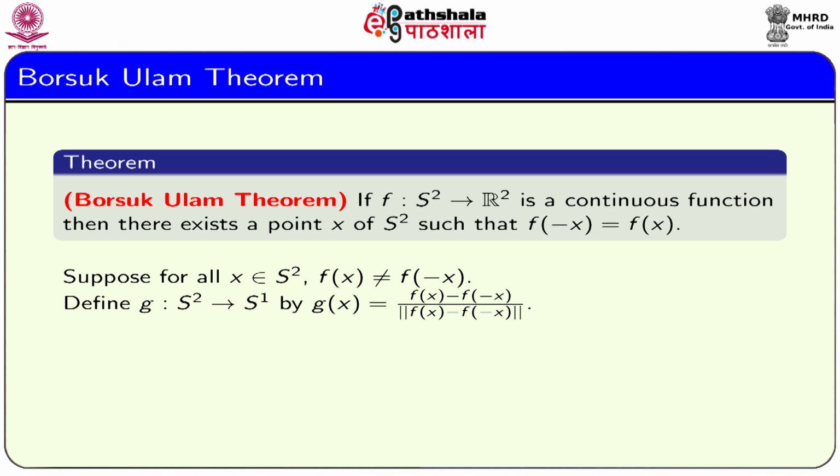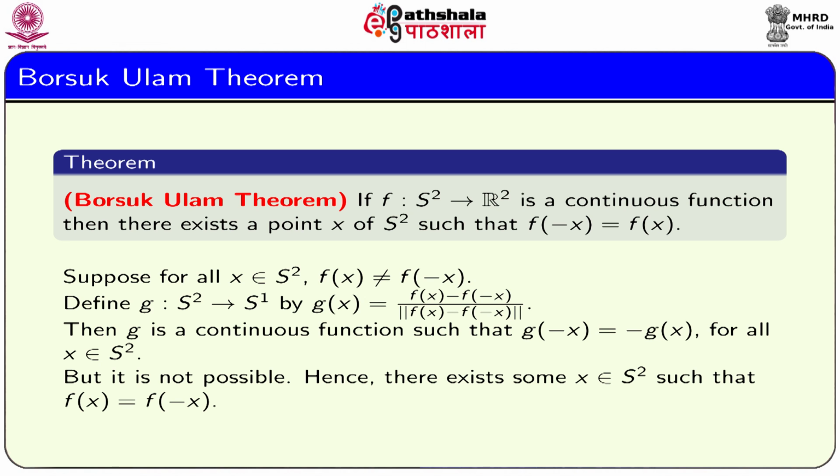Then we can define a function g from S2 to S1 by gx equal to fx minus f of minus x, whole thing divided by the norm of fx minus f of minus x. Certainly, if f of minus x is not equal to fx, then the denominator will never be 0, thereby giving a point gx on S1.